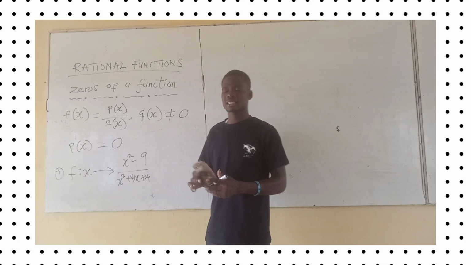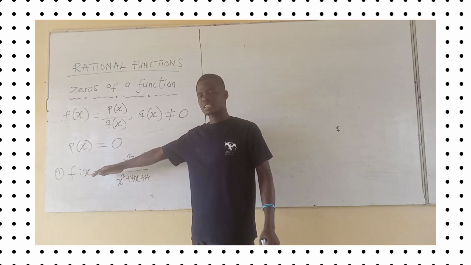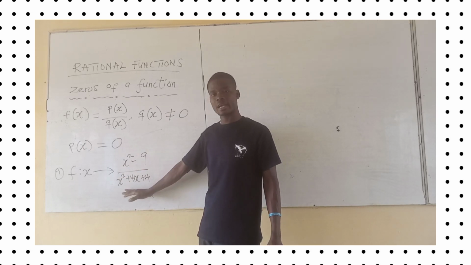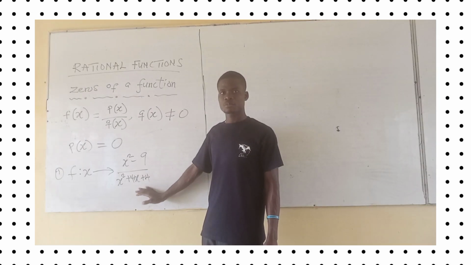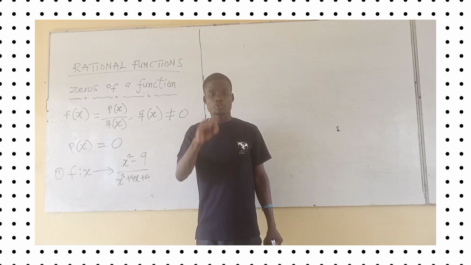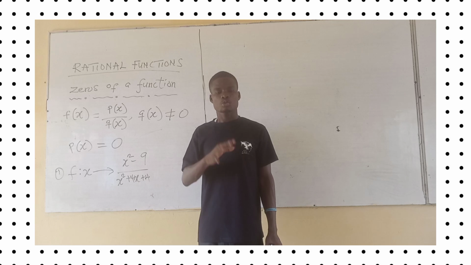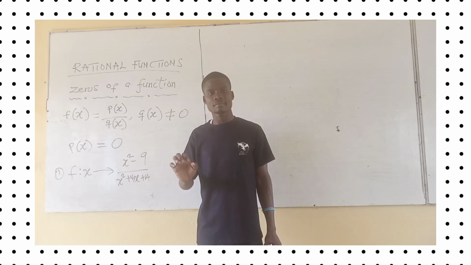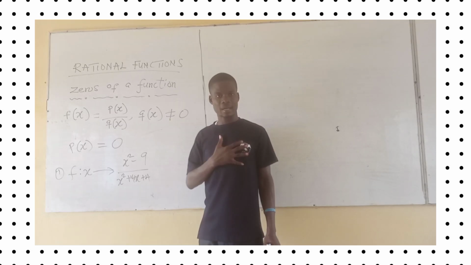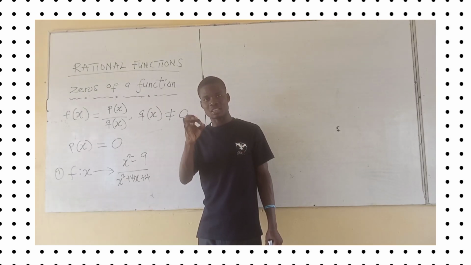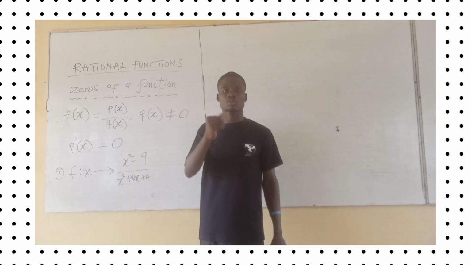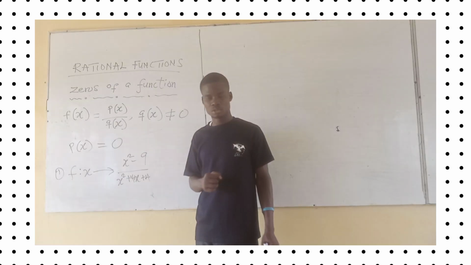Suppose we have this function f of s, which is s squared minus 9 over s squared plus 4s plus 4. And we are to find the zeros of this function. So we have to take our time, check the function, and check the numerator part. Since we are finding the zeros or defined values, we set the numerator to 0 and solve the remaining results.